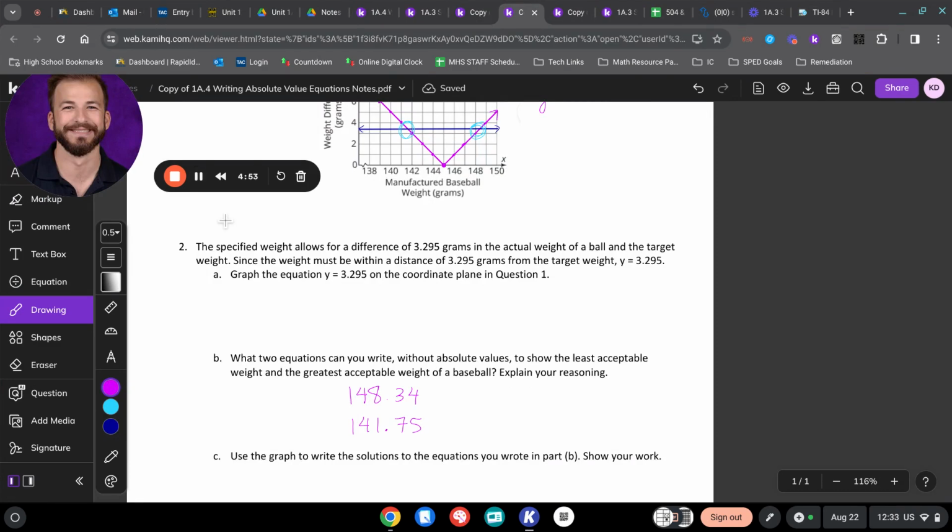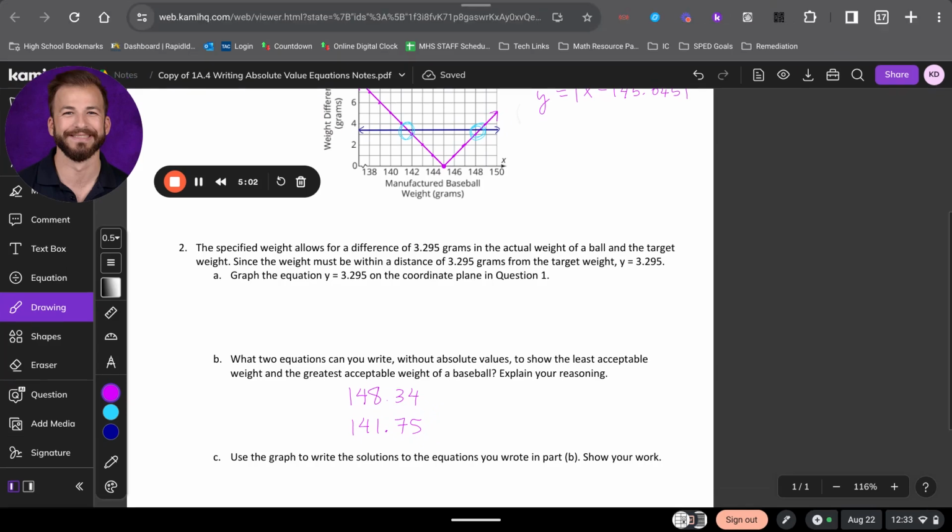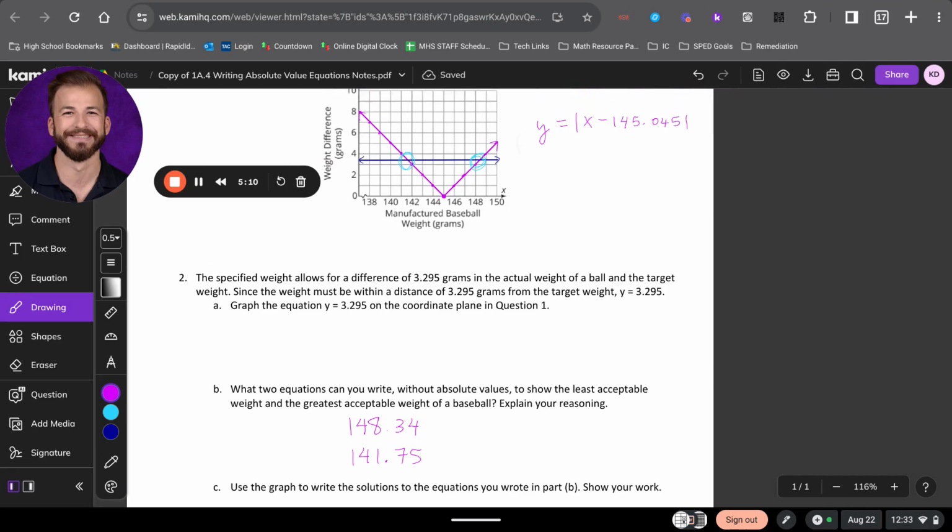All right, y'all. Hopefully you got 148.34 as that maximum weight and 141.75 as that lowest weight. So when comparing the two, our X value, our manufactured weight, has to be less than 148.34 while greater than 141.75.